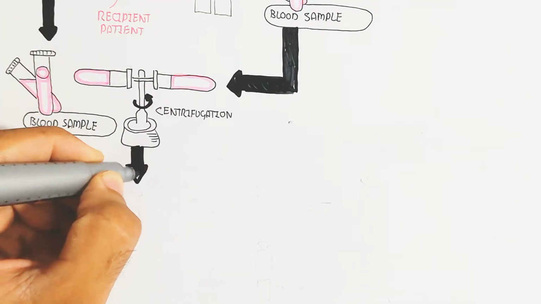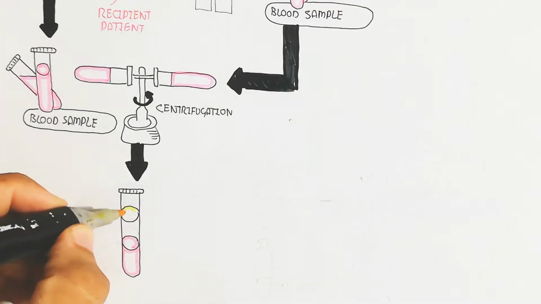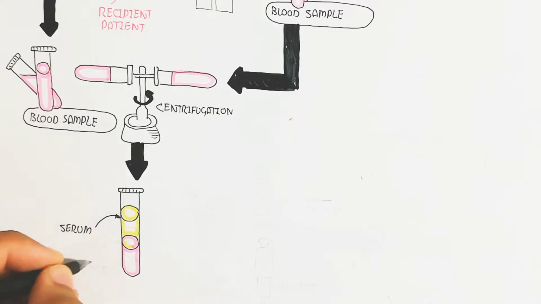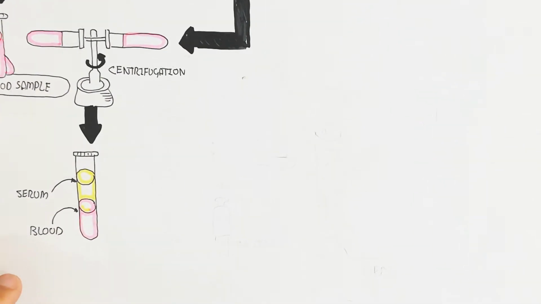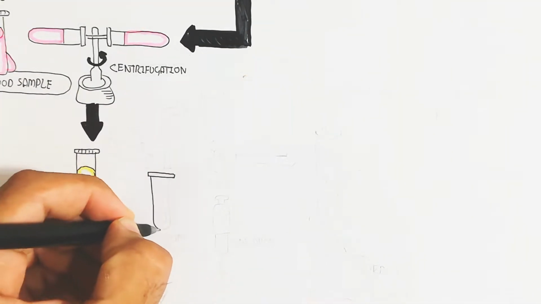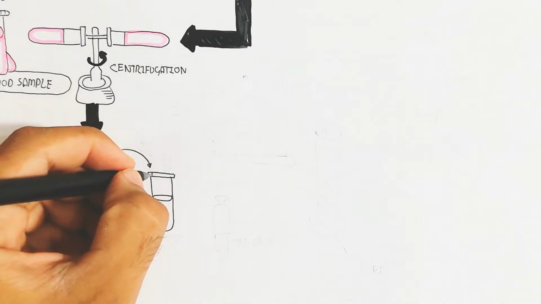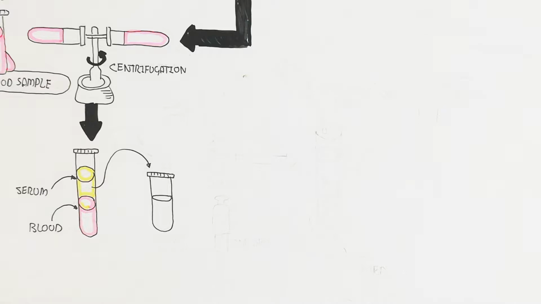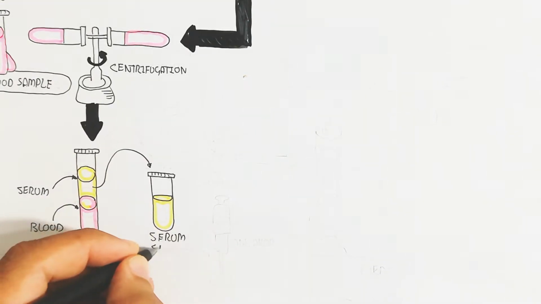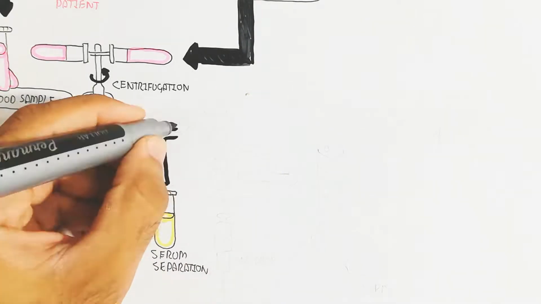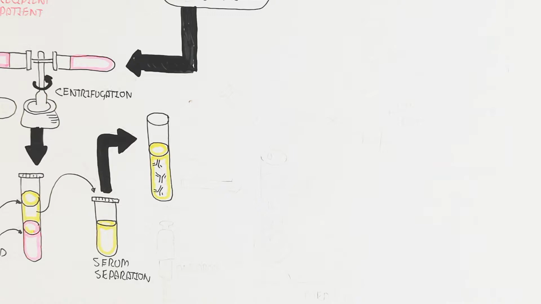Here is the centrifugation of the blood sample from the donor. Through centrifugation we separate the serum, which is lighter compared to the blood, so the blood will precipitate down, while the serum is separated from this sample, and the separated serum contains immunoglobulin. Remember, this immunoglobulin is specific.